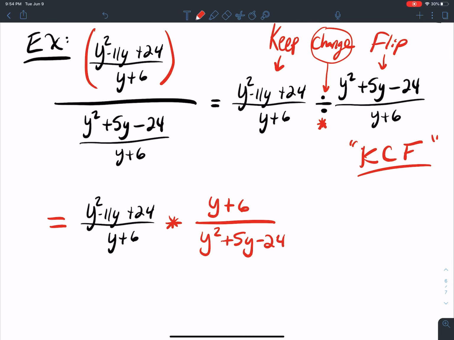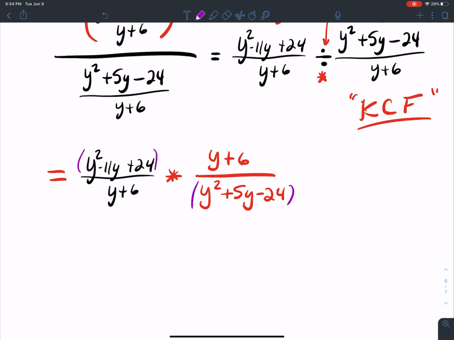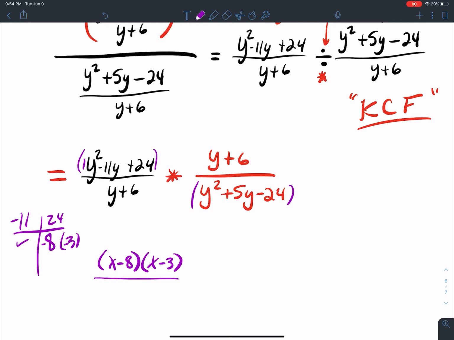All right. Now, I can factor the numerator, I can factor the denominator. So the numerator, this is an a equal to 1, so that's one of our good ones to factor. So multiply to 24, add to negative 11. 8 times 3, if both are negative, that adds to negative 11. So that tells me there's a y minus 8 factor and a y minus 3 factor, okay?